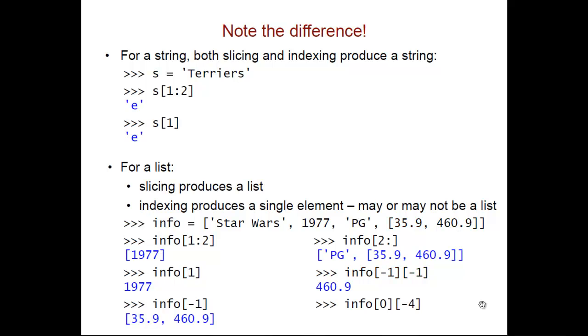Let's do that same type of thing with this expression. So again, we start with info 0, which is the first element of the overall list, which is this string Star Wars. And then the -4 is going to go into that string and get the character at position 4. And so you can see we get the W because it's -1, -2, -3, -4.